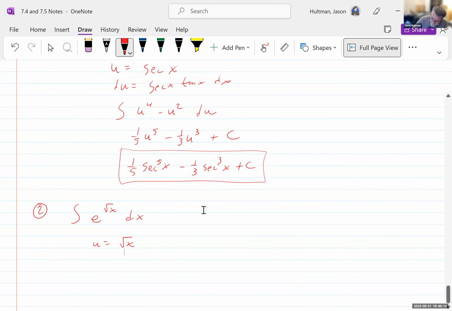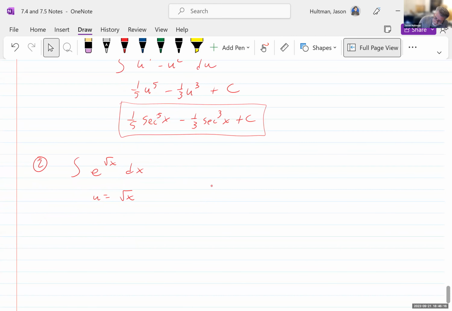However, when we do our du, this goes kind of wacky. This is 1/2 radical x dx. And so if I multiply both sides by 2 radical x, this becomes 2 radical x du equals dx.